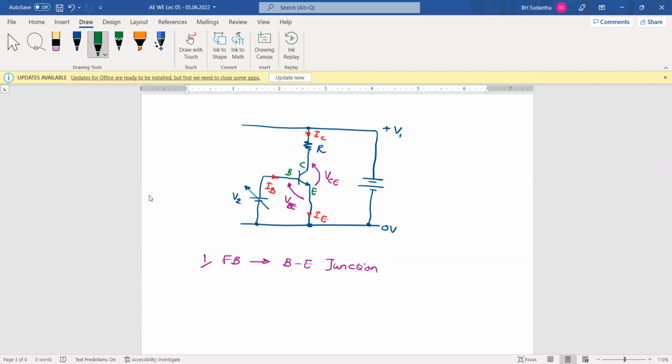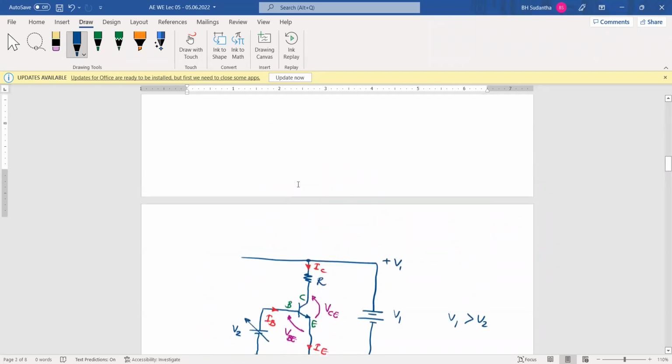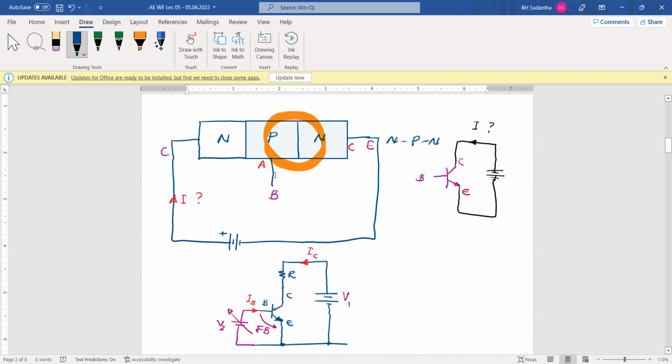We provide positive voltage with respect to the emitter terminal. We forward bias this base emitter junction. And you can see here V2 is a low voltage compared to V1. Here V1 is larger than V2. Because of that, at the base terminal we have less voltage than at the collector terminal.